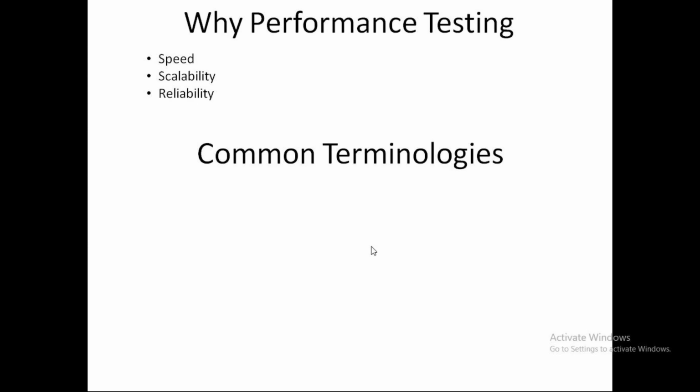For longer periods of time, my application should have good performance. That is why we say that the important parameters which we need to measure from a performance testing point of view are speed, scalability, and reliability.